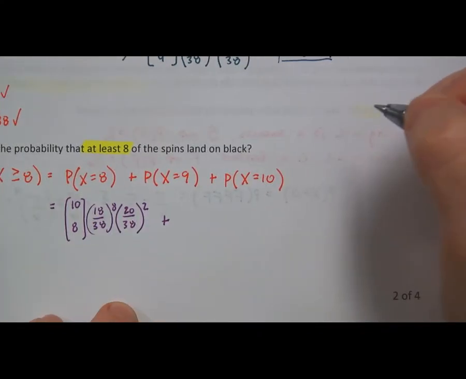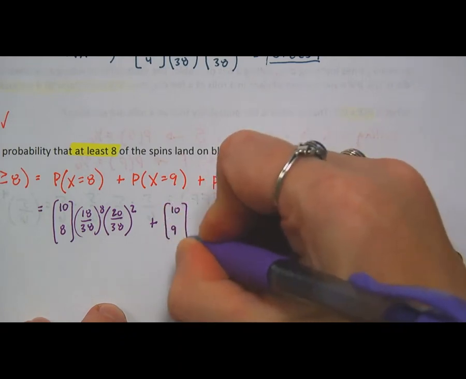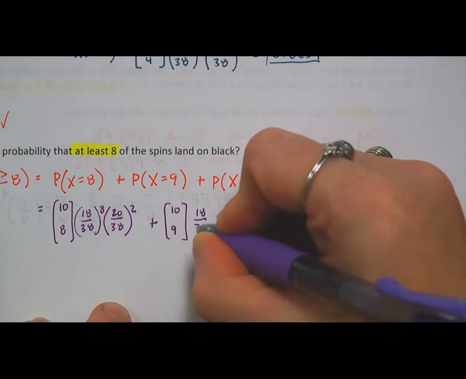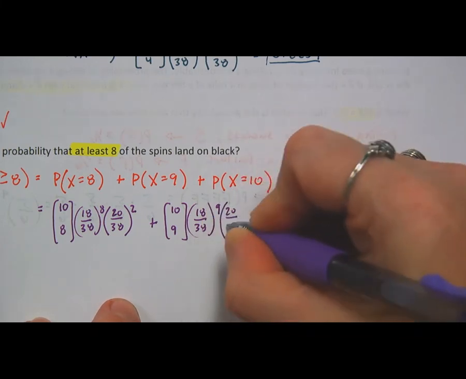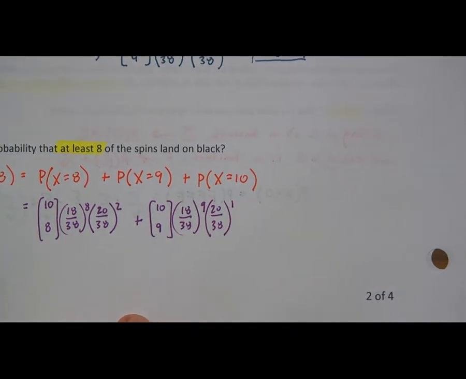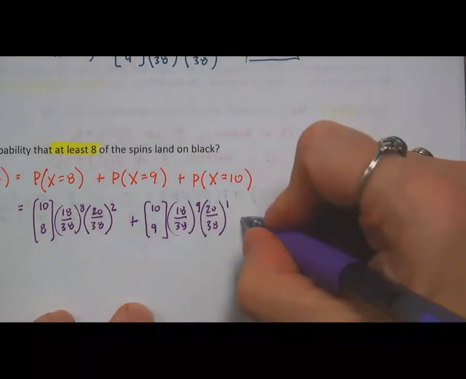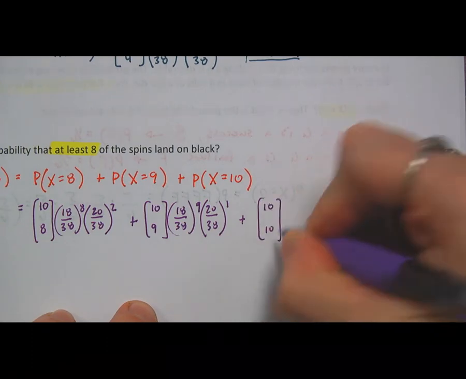Plus 10 trials, 9 successes. So success probability to the 9th, fail probability to the 1st. Plus all 10 of my 10 spins land on black.